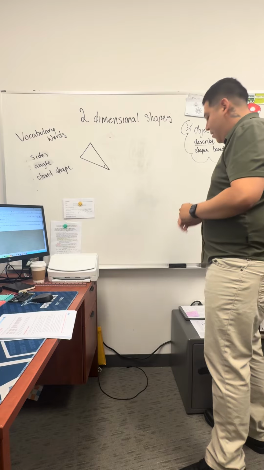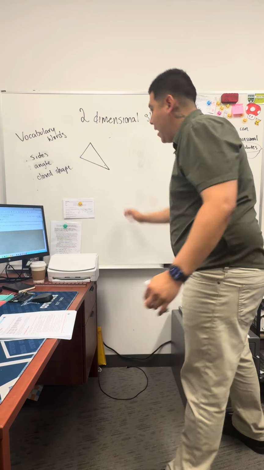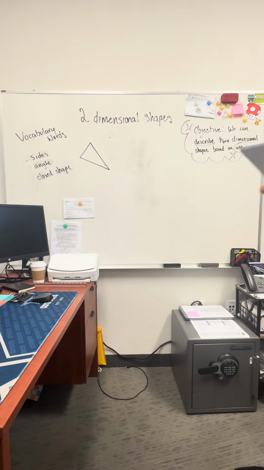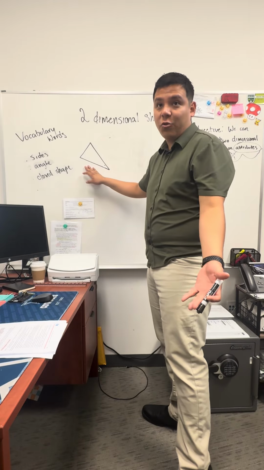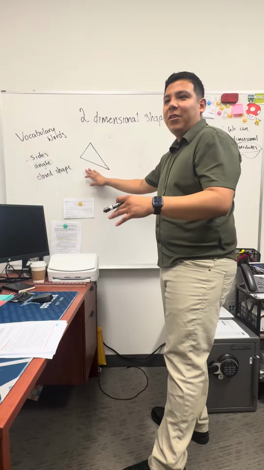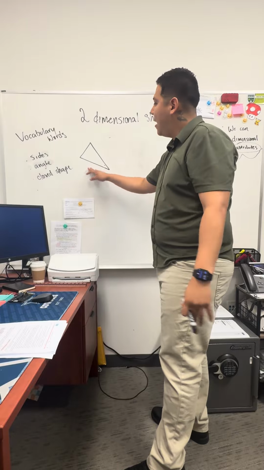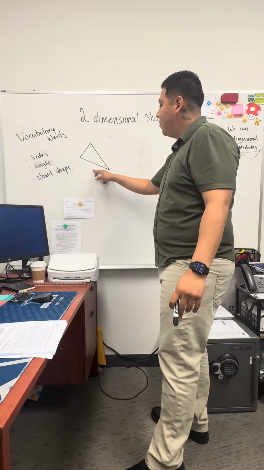So for example, we have here a triangle. That's correct. What can we say about this shape? Triangle, right? Which we all know is a triangle, without actually mentioning the name of the shape. So how would you describe this to your classmate next to you, right?